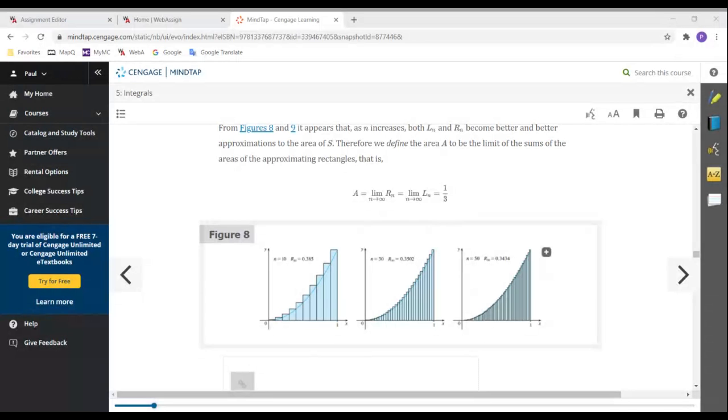We agree that the more subintervals you take, based on figure 8 here, you can see going from n equals 10 subintervals to n equals 30 subintervals in the second picture, to n equals 50 subintervals in the third picture, the approximation just gets better and better.